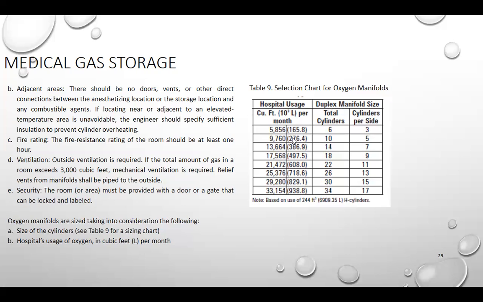The table there is for monthly usage, but the supply will be consumed continuously in 1 week.